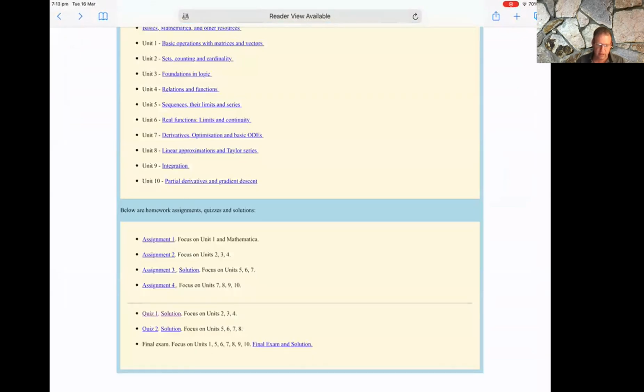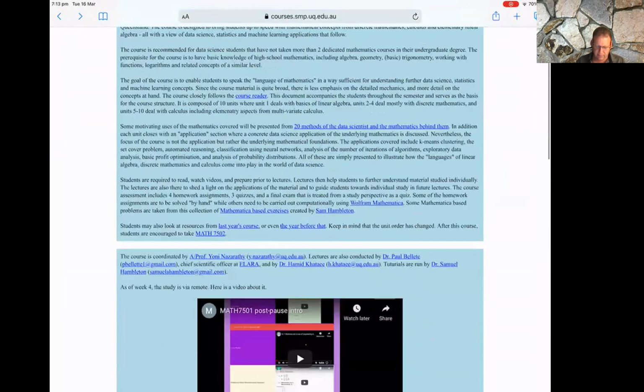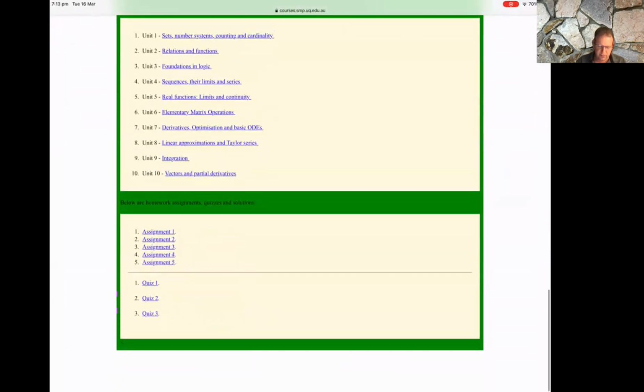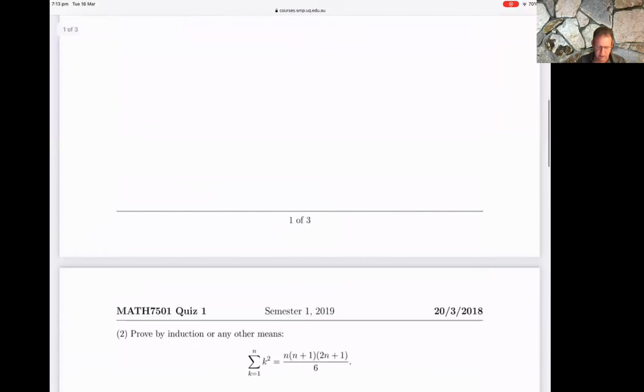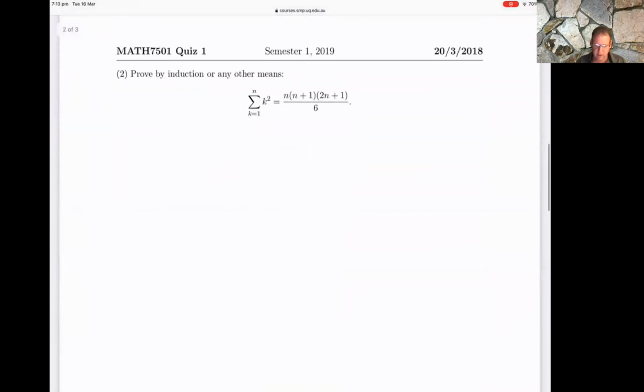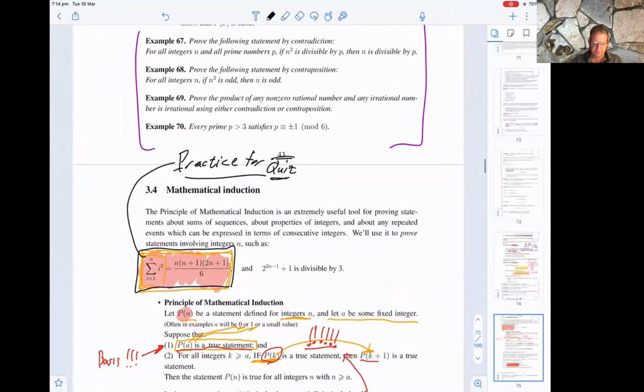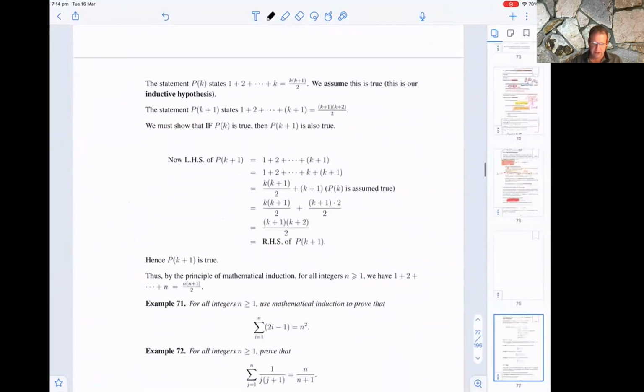Okay, I think in the year before that, the 2019 course, 2 years ago, on quiz 1, yeah, that was like a question. But this is one of the things, so again, it's just a bit of algebra. Once you know the formula, you need to follow the induction principle. All right, let us move on. That's mathematical induction.